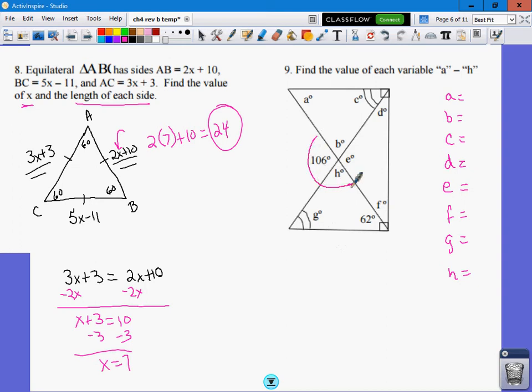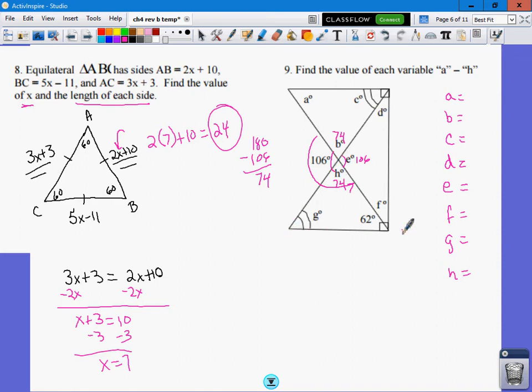The first thing I notice is this linear pair. So I take 180 and I subtract 106 from it, and I find out the remaining angle was 74. If this is 106 on this side, over here is vertical. This is also 106. If H is 74, then B is also 74.